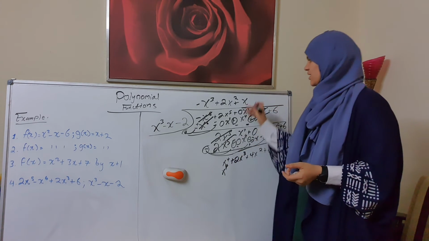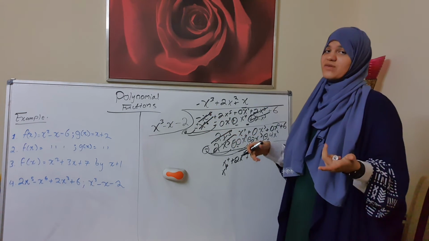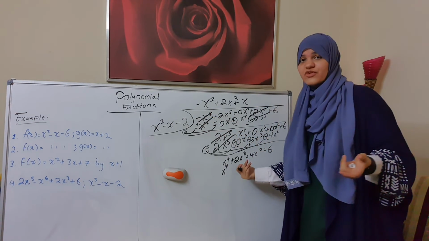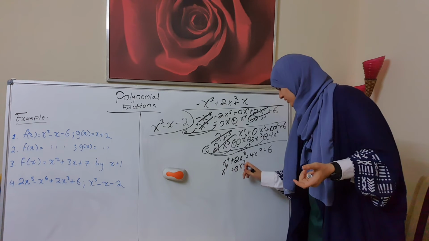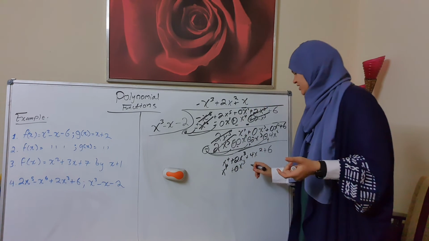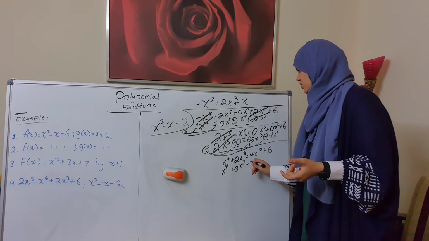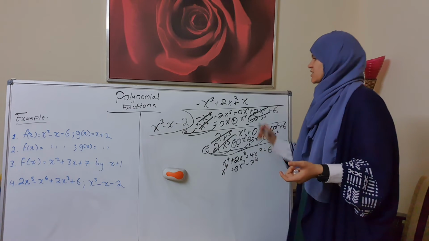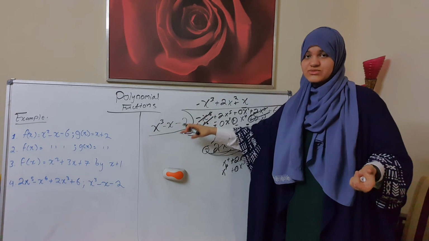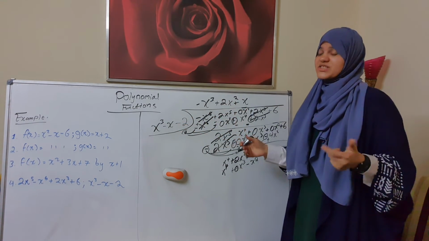Okay. Now x times negative x is equal to what? Negative x squared. So we don't have x cubed, so here we will put 0. Then for x squared we already have negative x squared. Then x times negative 2 will be what? Negative 2x.